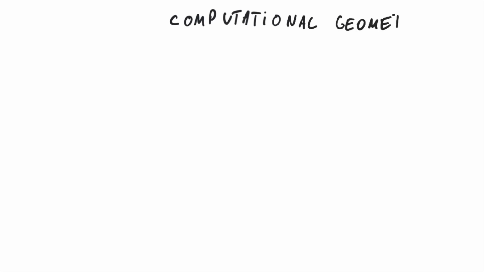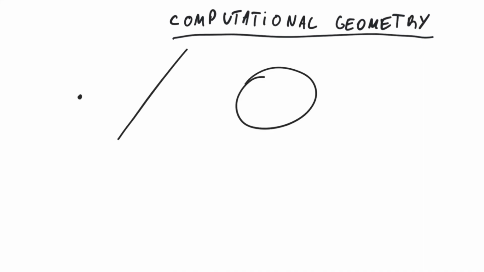So first, what's computational geometry? Computational geometry is all about answering questions, solving problems that involve some quantity related to geometrical objects. Geometrical objects can be points, lines, circles in many dimensions, so also spheres, planes, and so on.